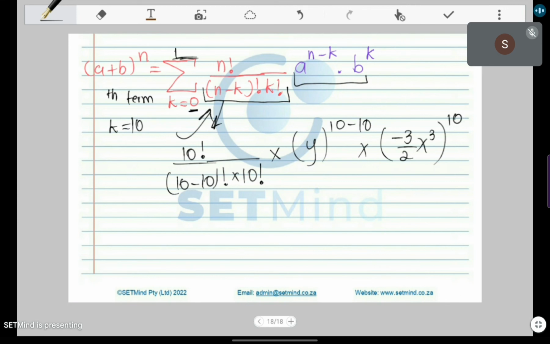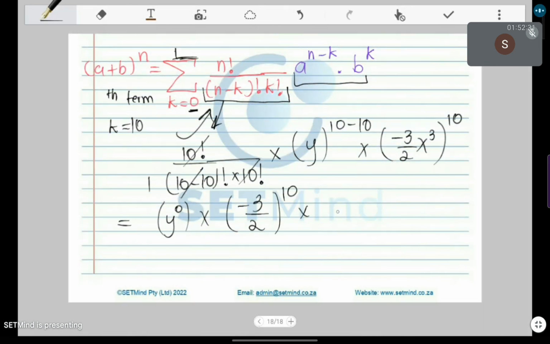So this and this are going to cancel. This is 1. This is 1. So essentially what we have is simply y to the power of 0 multiplied by negative 3 over 2 to the power of 10 multiplied by x to the power of 30.